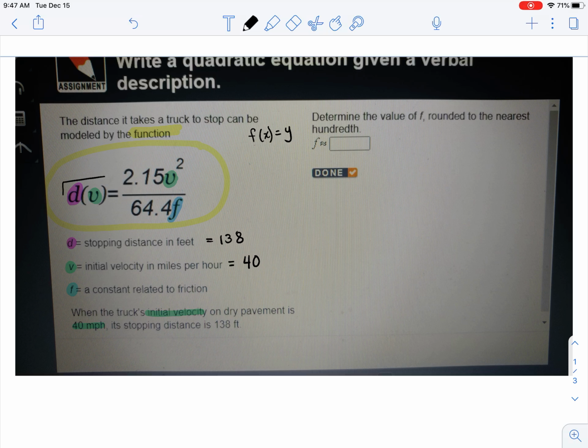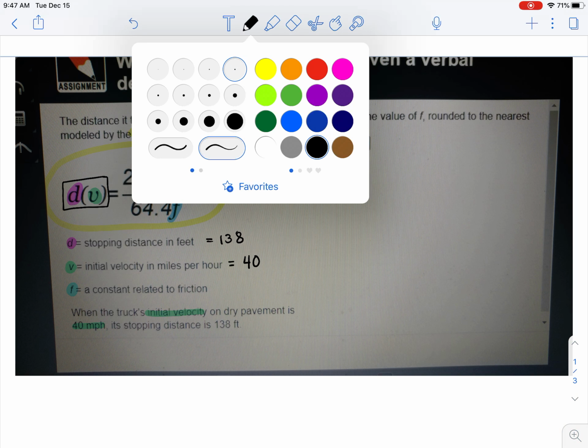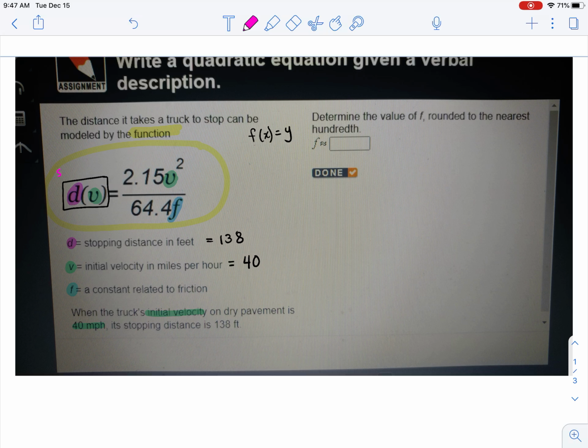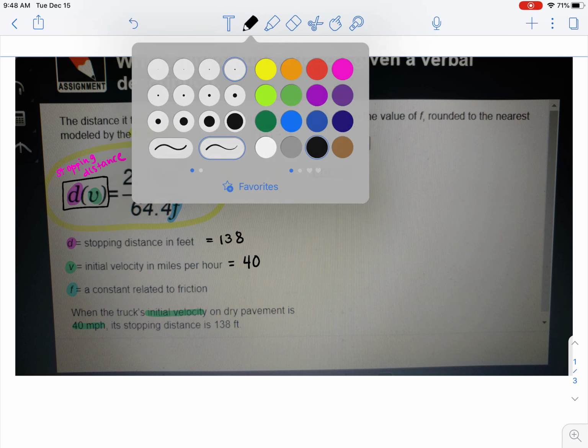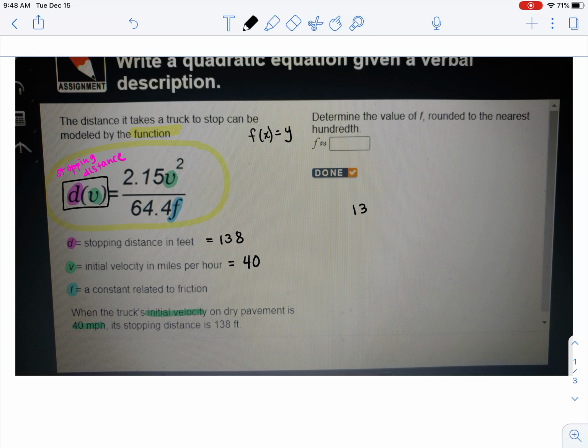So right here, this d of v, this itself is just the stopping distance. So right now our stopping distance is 138 is equal to 2.15, and we have a v, just 40 squared all over 64.4 f.